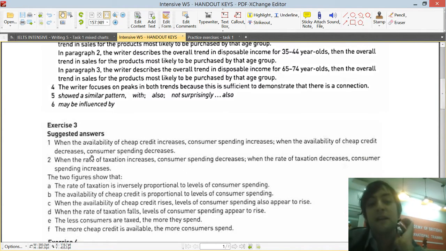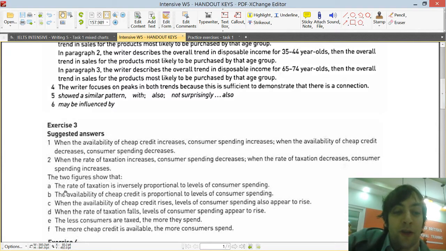exercises. A. The two figures show that the rate of taxation is inversely proportional to the levels of consumer spending. B. The two figures show that the availability of cheap credit is proportional to levels of consumer spending. C. When the availability of cheap credit rises, levels of consumer spending also appear to rise.